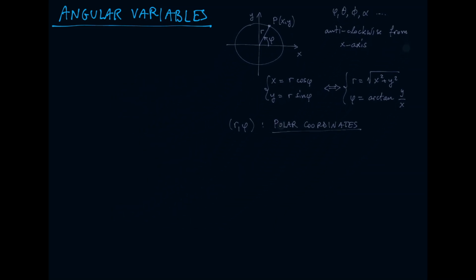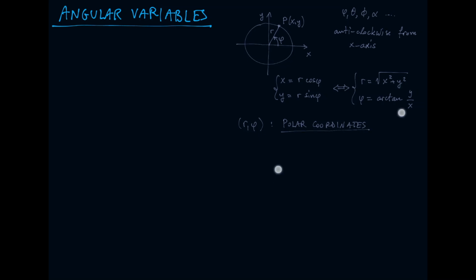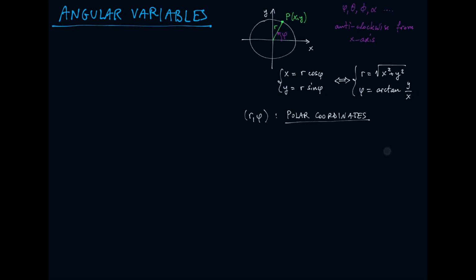So now that we reviewed polar coordinates and their definitions, let's find out how to use them and why we use them. So you can think of the velocity, for example, of an object. And in Cartesian coordinates, we know that the velocity is in general a vector.